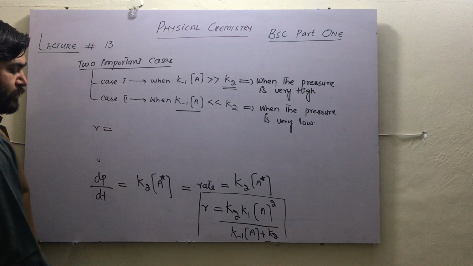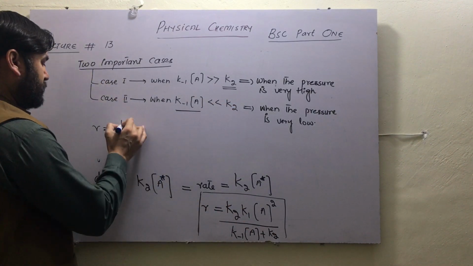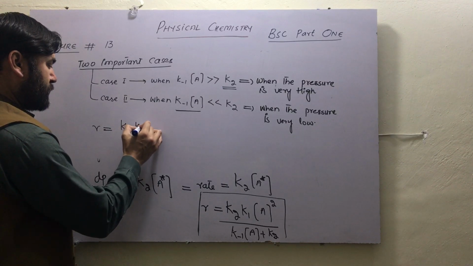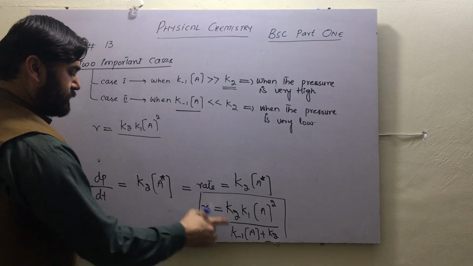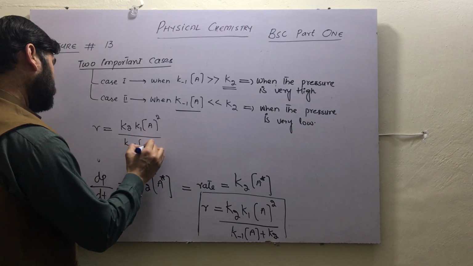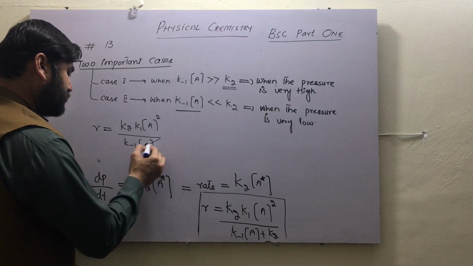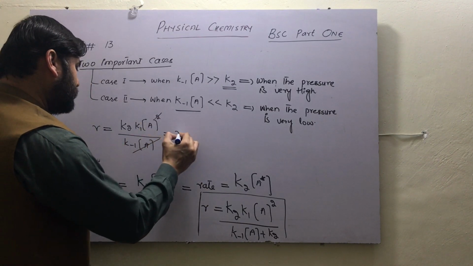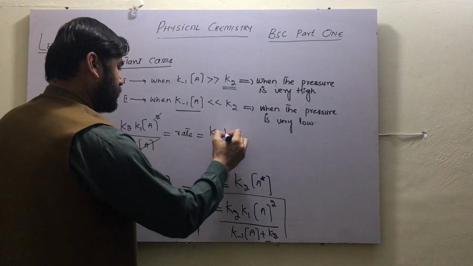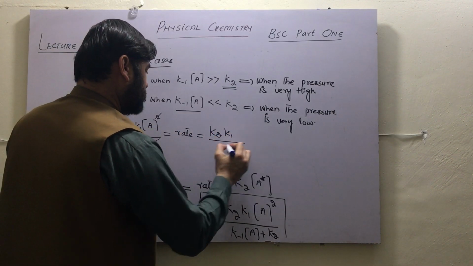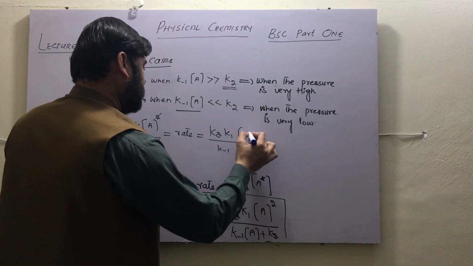So this equation will be like the same. R is equal to, when we ignore k2, so what will be the reaction? k2 k1 a square divided by k inverse a. We will not write k2. So this will cancel this. So the remaining will be, rate will be k2 k1 divided by k inverse and a.